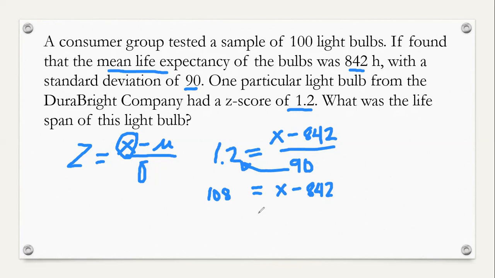And remember, in transposition, once it is negative on the right, when you put it on the left, it becomes positive. So from negative 842, it becomes positive 842, plus the 108, so the life expectancy of the light bulb is 950.